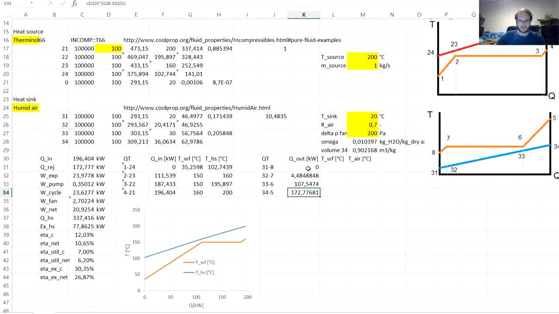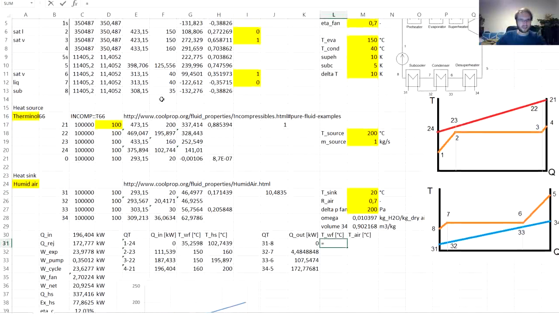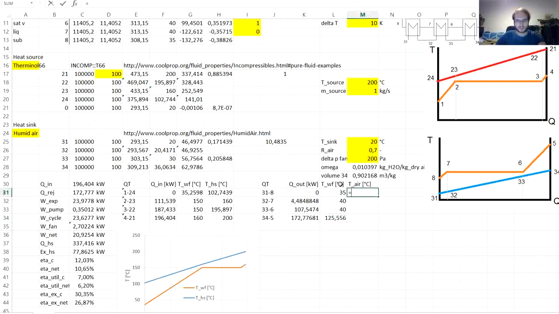And the same values also need to be received for the mass flow rate times enthalpy difference between, for example, 7 and 8, 6 and 8, and 5 and 8. Now the temperature of the working fluid at the point 8 over here, then temperature 7, 6 and 5, and temperature of the air at the point 31 to 34.